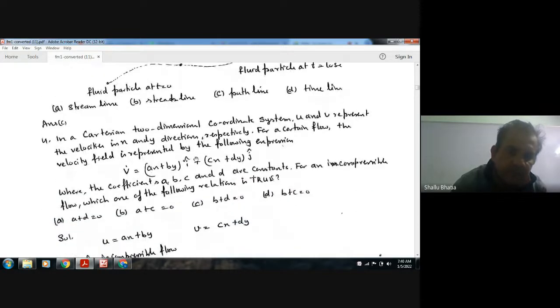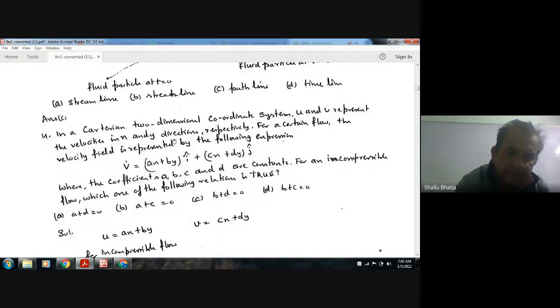Next, in a Cartesian two-dimensional coordinate system, u and v represent velocity in x and y direction respectively. For a certain flow, the velocity field is represented by the following expression: V is (ax plus by) i plus (cx plus dy) j, where a, b, c, and d are constants. For an incompressible flow, which one of the following relations is true?